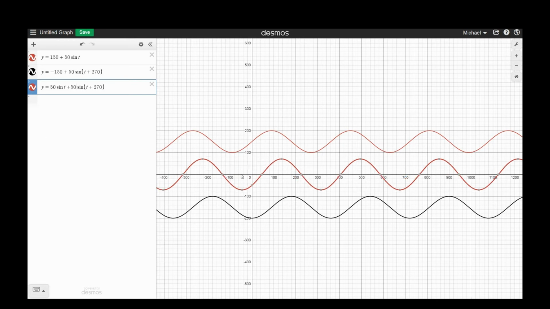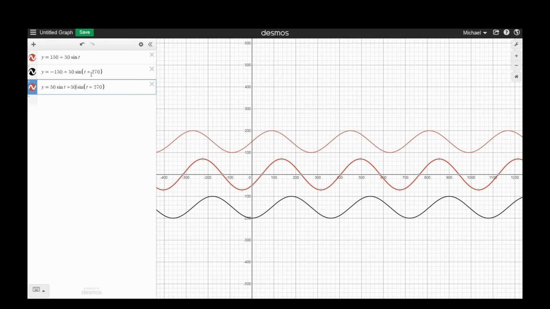Okay, what you're looking at now is the addition of those two waves. This is what happened when we added up the wave on the bottom with the wave on the top. If they met on the water and they were traveling along together, this is the result of those two waves interfering with each other.